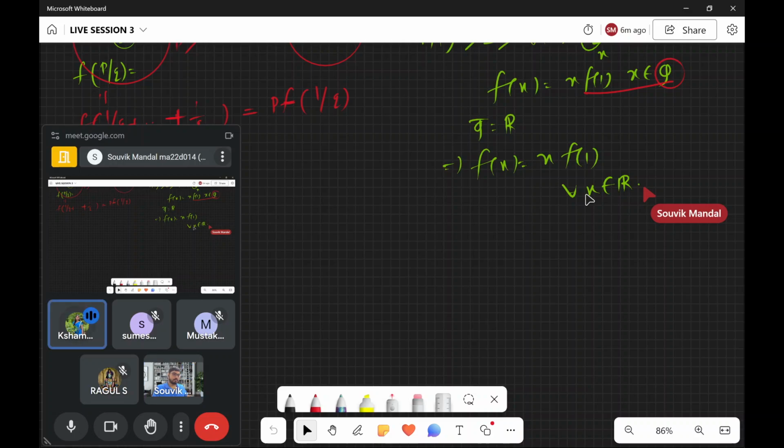For irrationals also, the irrationals are dense enough, and hence... Yes, okay. We did not use anything like irrational density. We only use that the rationals are dense.